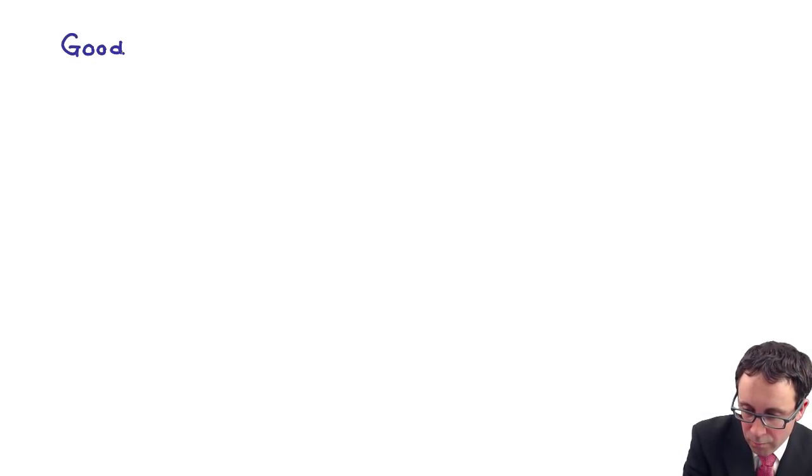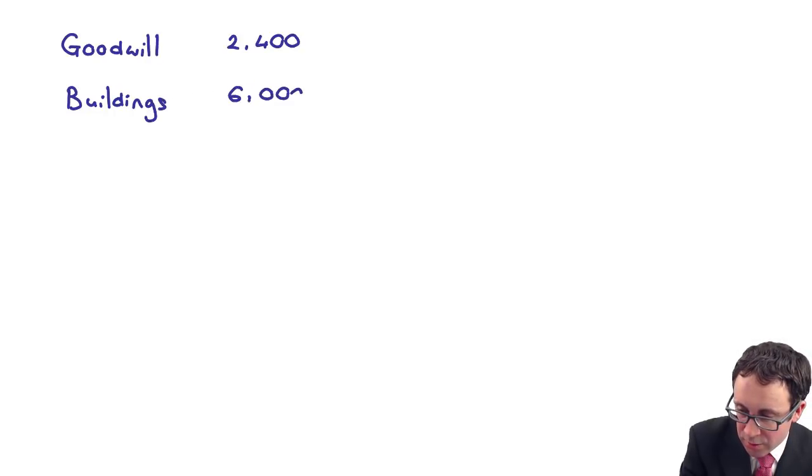I think the best way to do it is to list the assets out. If we look at the goodwill, that's there at 2,400. The buildings are 6,000.